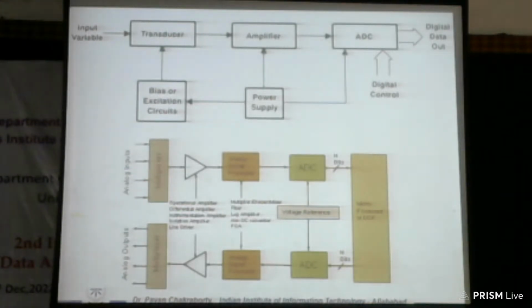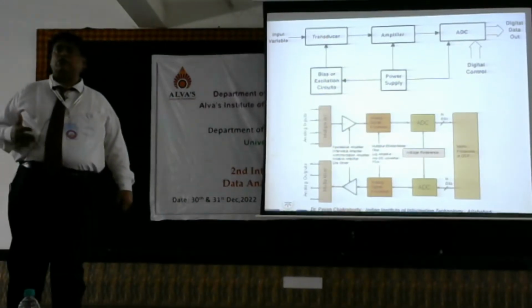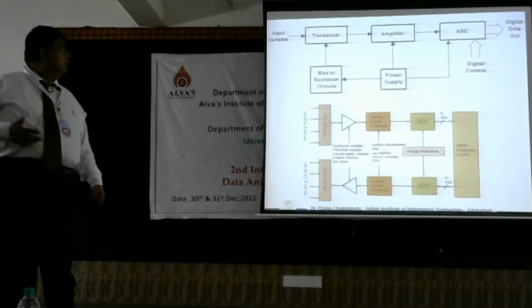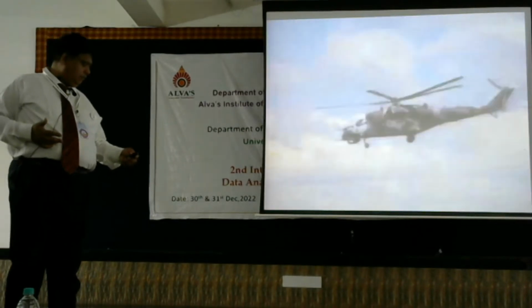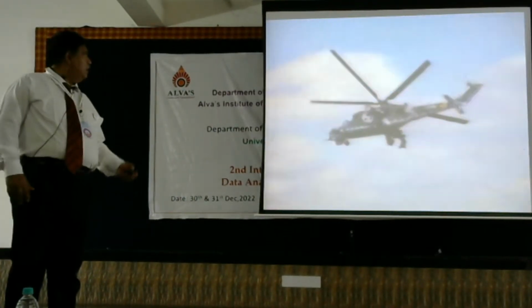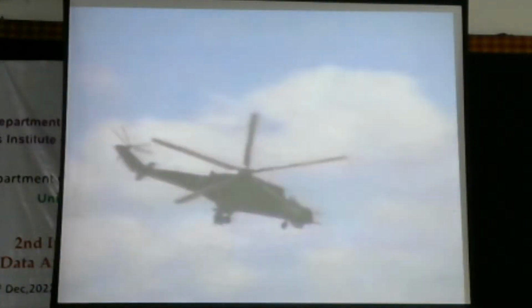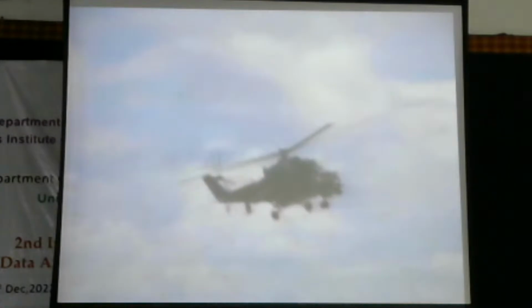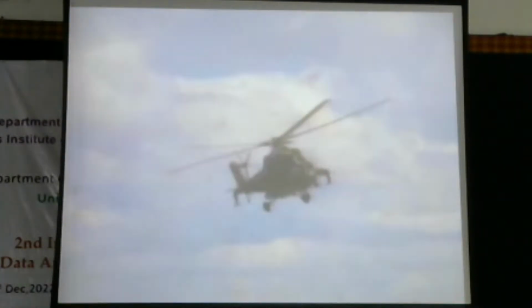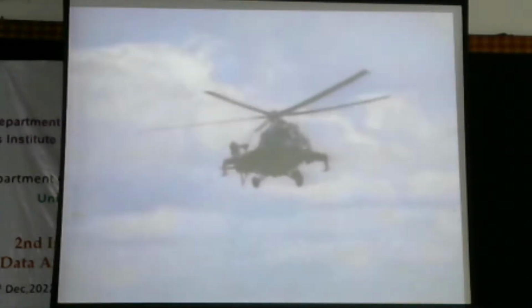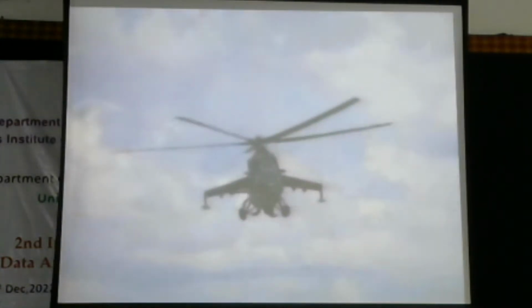Now when you're having the signal, what you're doing is that you're sampling the signal. Now this is a scene where a helicopter has been videoed, and there is a problem with this video. Can you notice the problem? The problem is that this helicopter is flying without its propeller rotating.